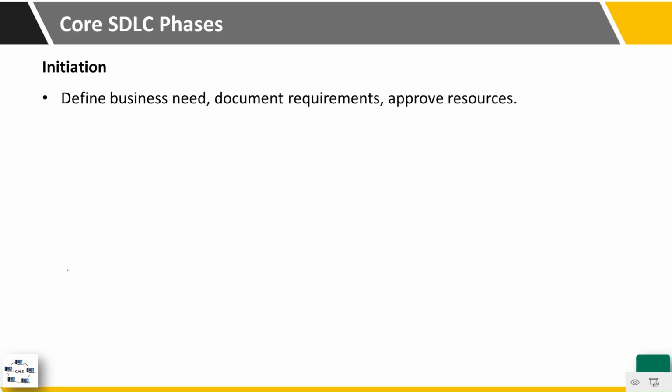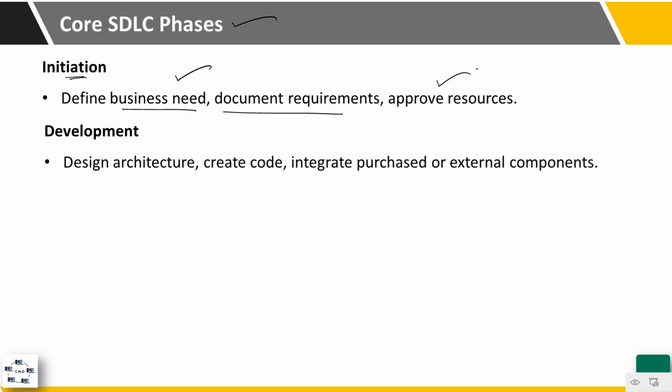So what are the core software development life cycle phases? The first one is the initiation, where we define the business need for the development, document the requirements, and approve the resources from the management.